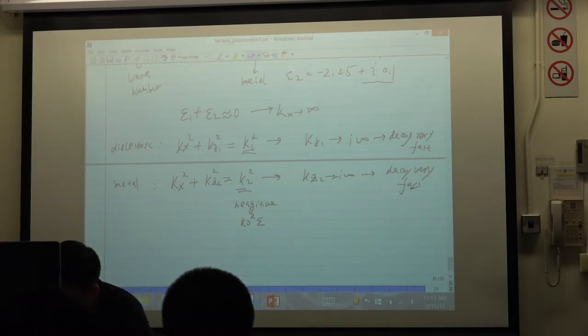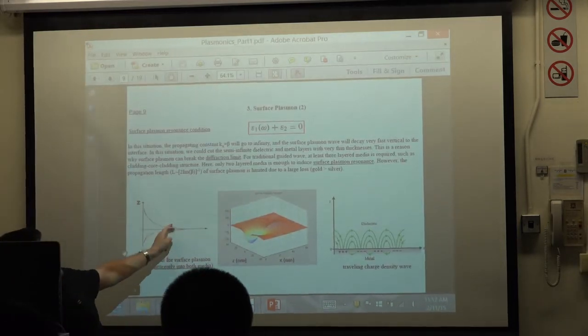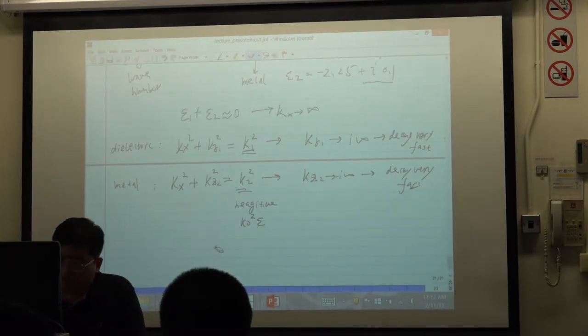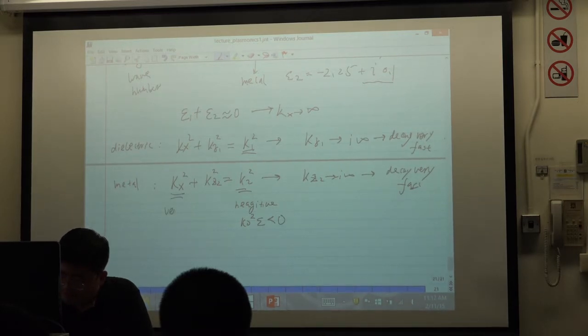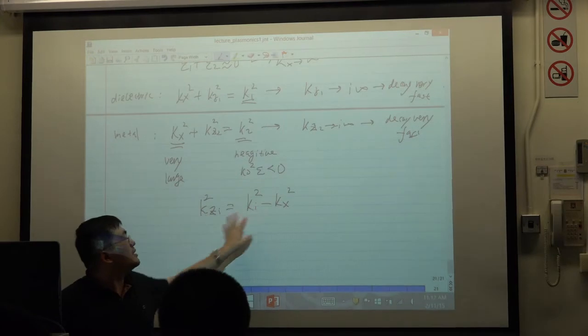Why does metal decay faster than air? Because k2 squared is smaller than 0. In general, kzi squared equals ki squared minus kx squared. For metal, this is negative, and more negative, so it decays faster.